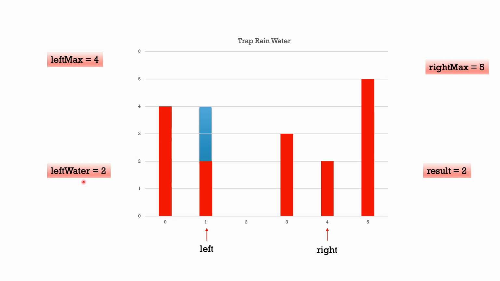Initially our left pointer will be at the first index and the right pointer will be at the second to last index. So this is how it is.